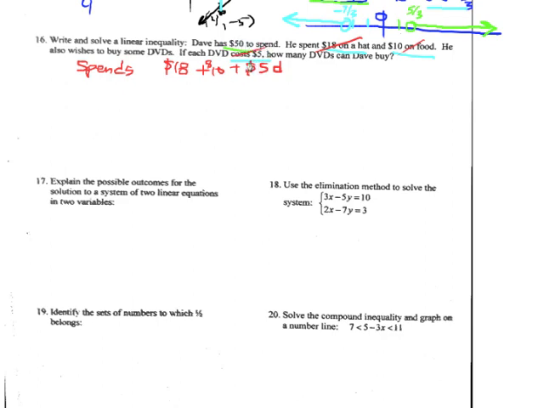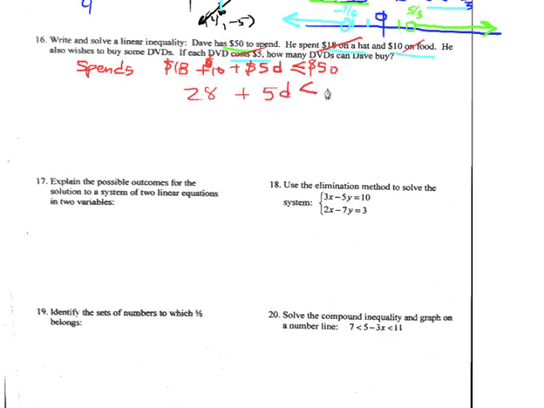Okay, so he has $50 to spend. Well, this amount that he spends has to be less than or equal to $50. These dollar signs look terrible, but these are all dollar signs. So we have 18 plus 10 is 28, and then we have 5D, where D is the number of DVDs.